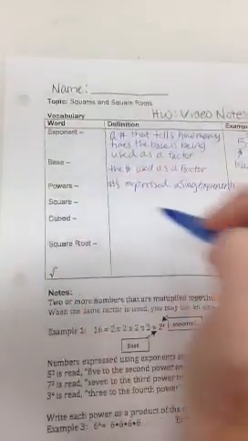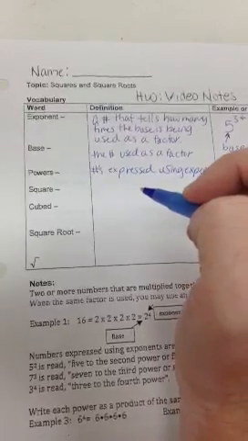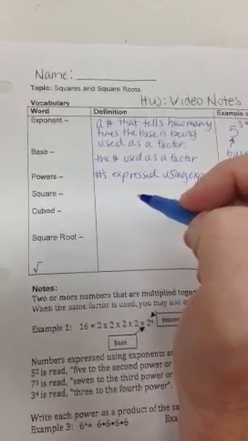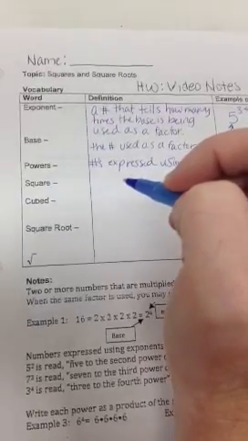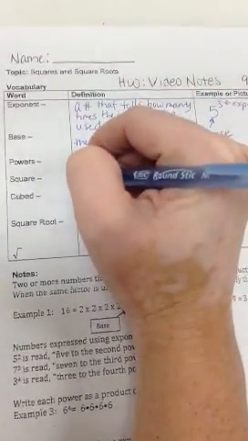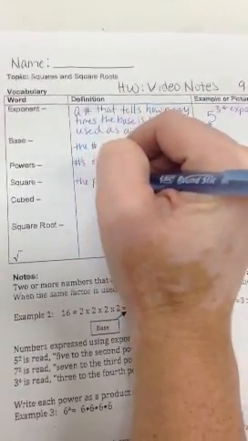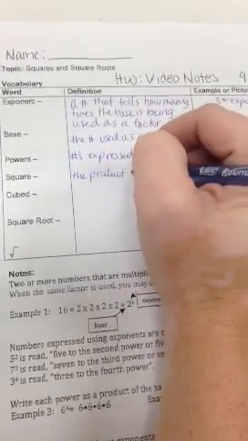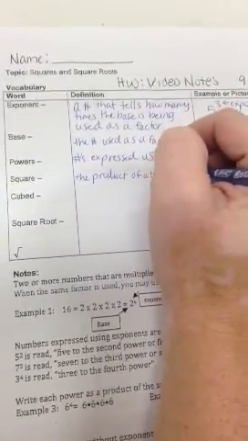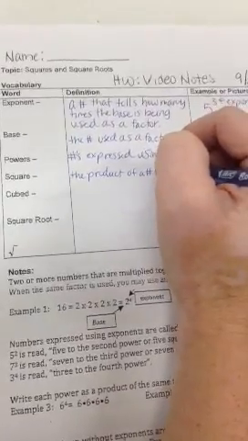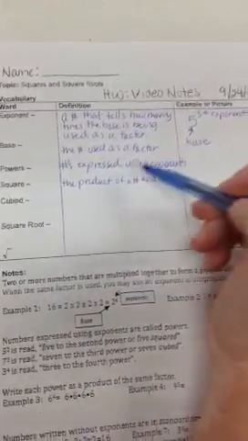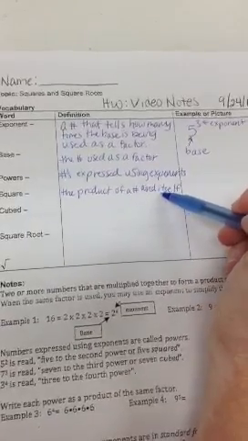All right, a square. A square, we all know what a square looks like. It has all equal sides. It's a 2D shape. But if you're talking about the square of a number, it is the product, that's the answer when you multiply, of a number and itself.